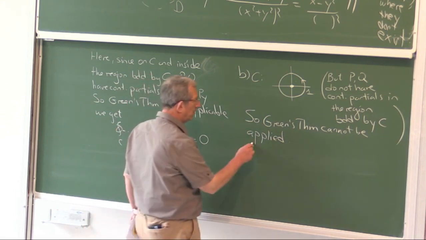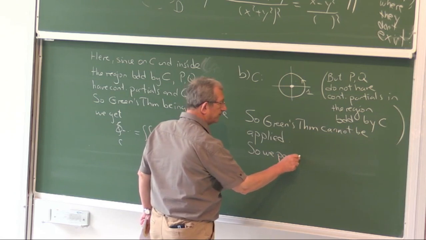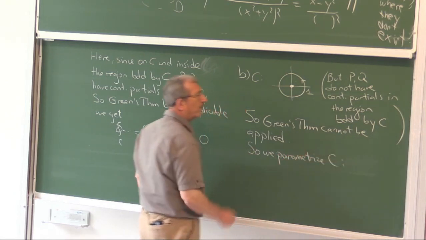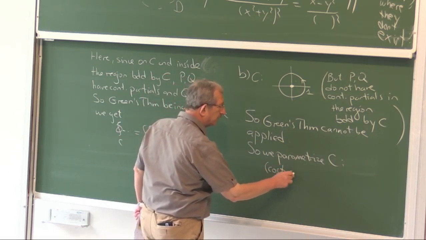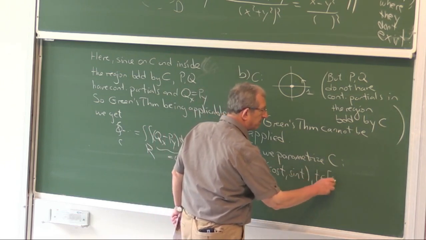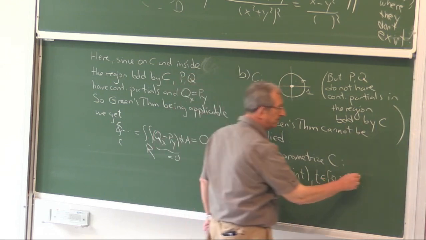So we parameterize C. A standard way, as we are familiar by now, is cosine t, sine t, and t runs from 0 to 2 pi. Note that the direction is correct.